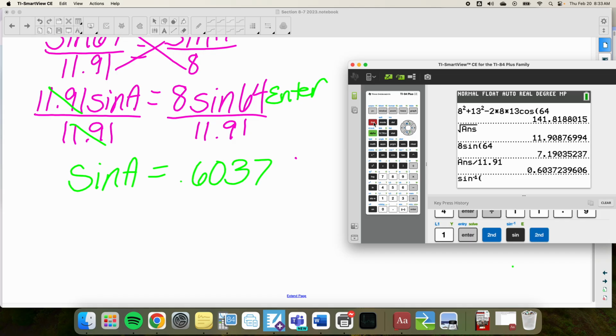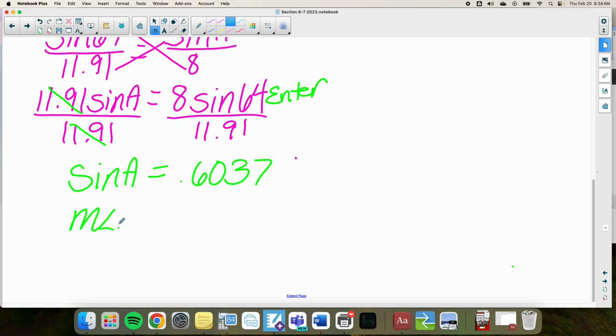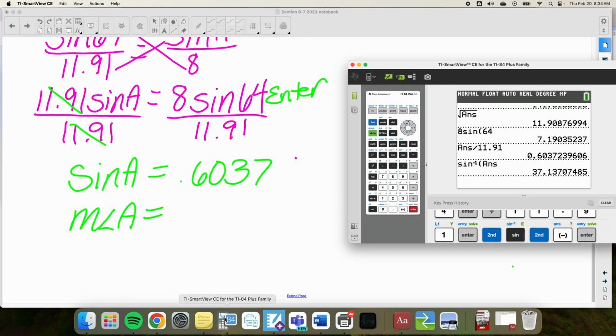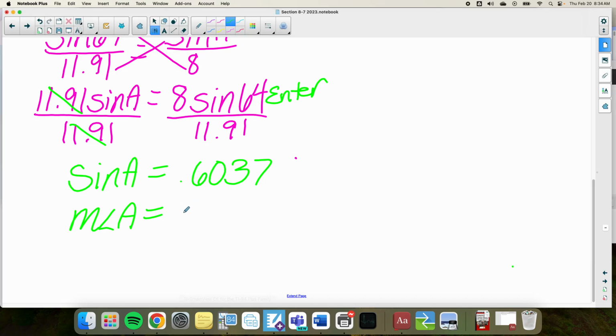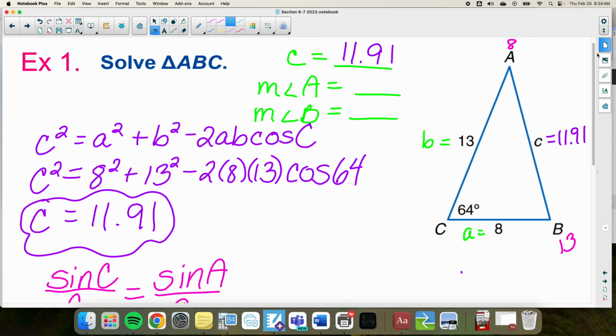So we're going to go second answer, enter. Okay? And does this look like an angle versus that first one? It does, right? So our measure of angle A is whatever that was, 37.14.